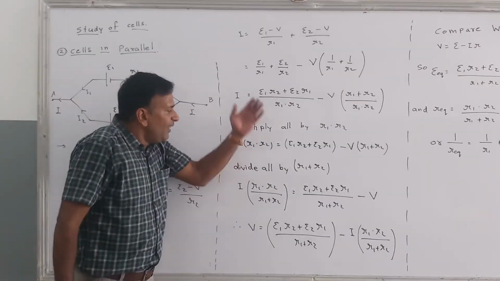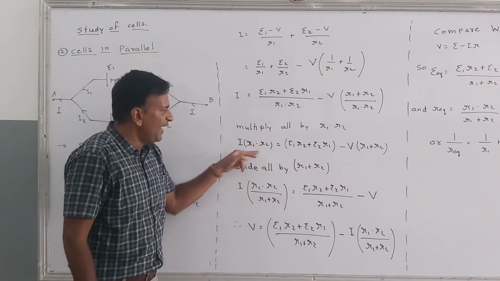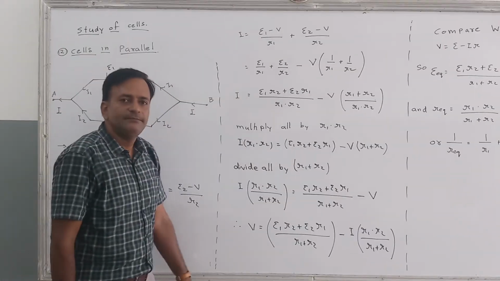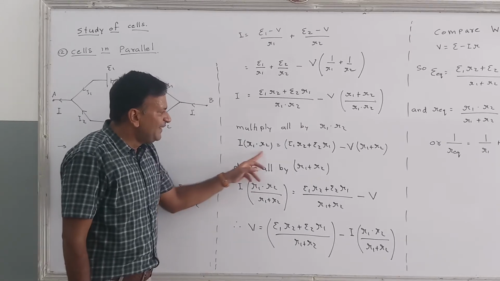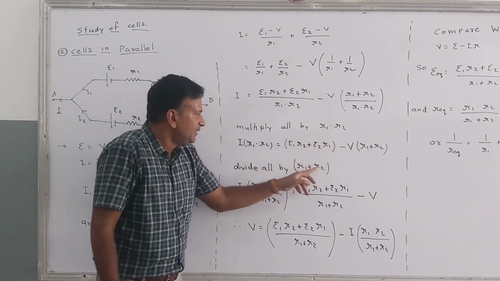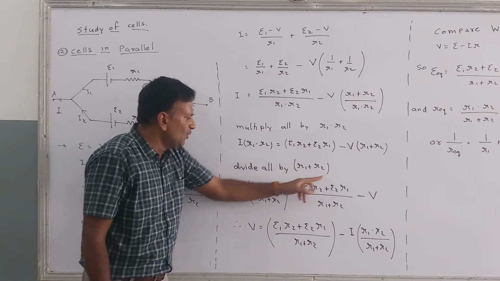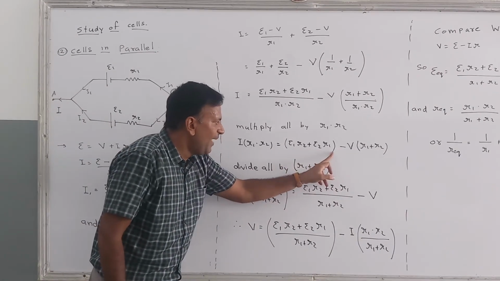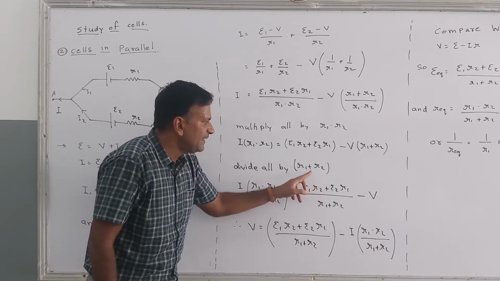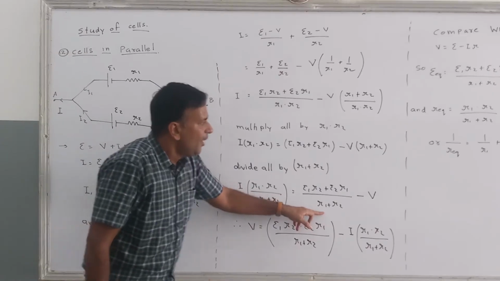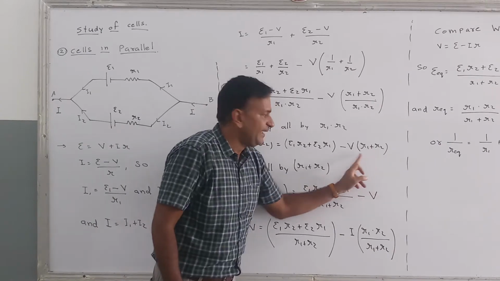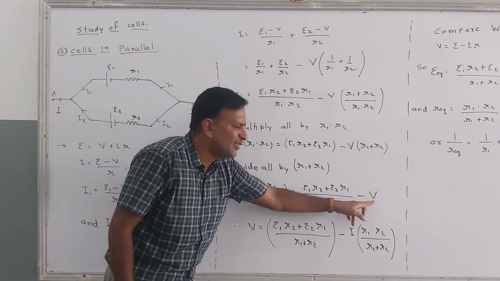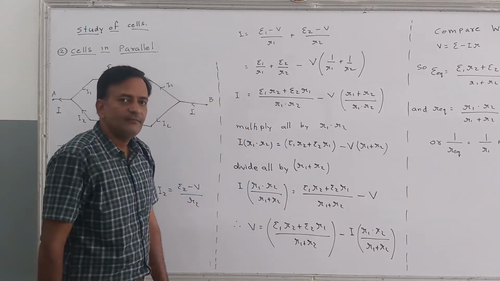Now divide all these terms, first, second, third, all by R1 plus R2. Divide this by R1 plus R2, you get this. Divide this by R1 plus R2, this term gets cancelled, so V comes alone.